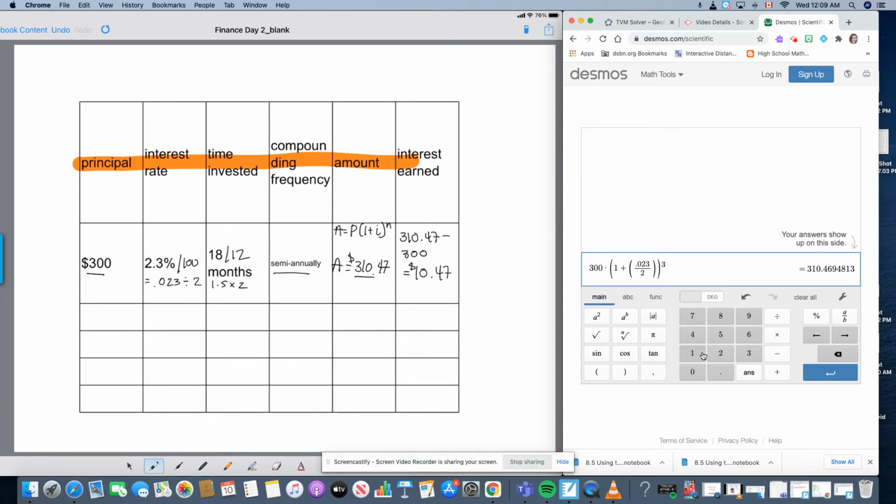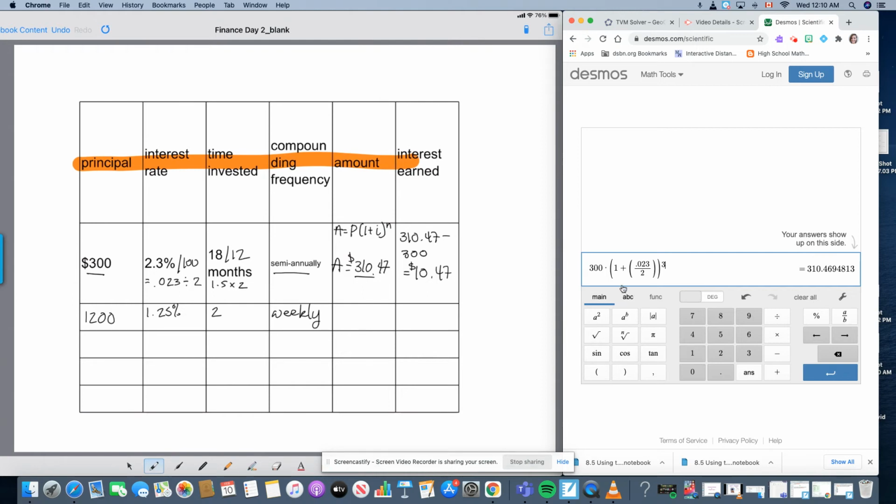We're going to go into the next one, and then I can show you how nice it is to very easily manipulate in Desmos. For the second one, it's $1,200 at 1.25% for 2 years, compounded weekly.